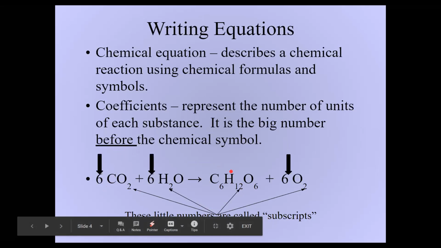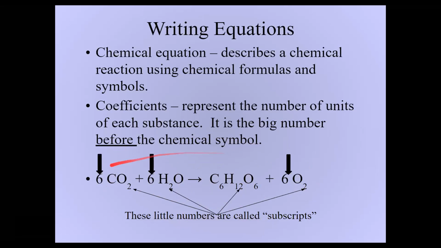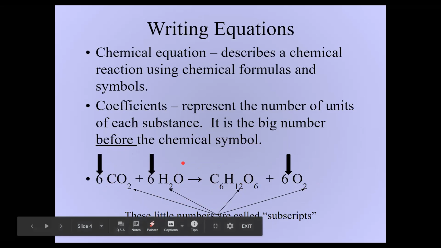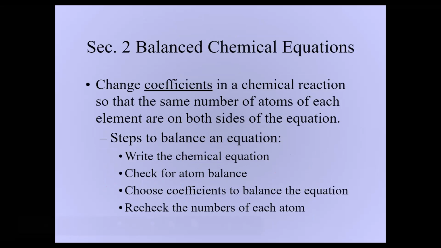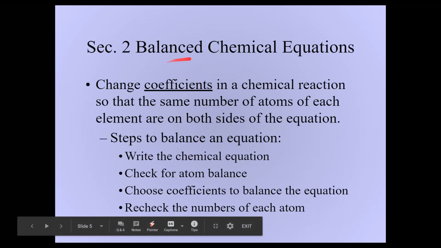We want an equal number of hydrogens on the reactant side and the product side. And we want an equal number of oxygens on the product side and the reactant side. If we're able to mess with these coefficients to the point where we can make each type of atom equal on both sides, that is when we have a balanced chemical equation.